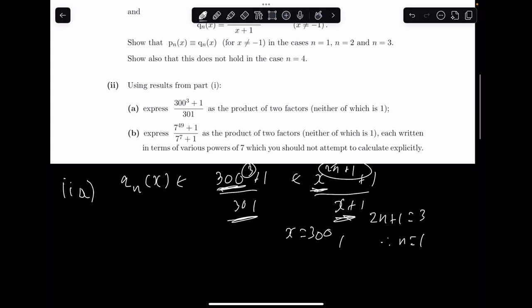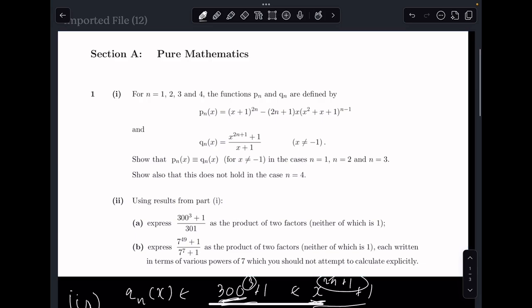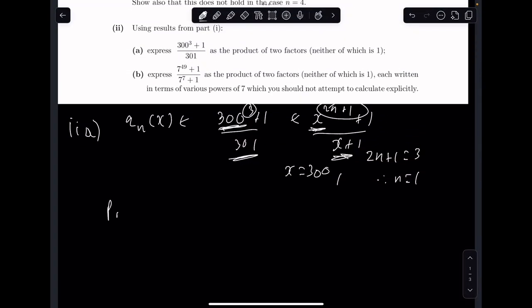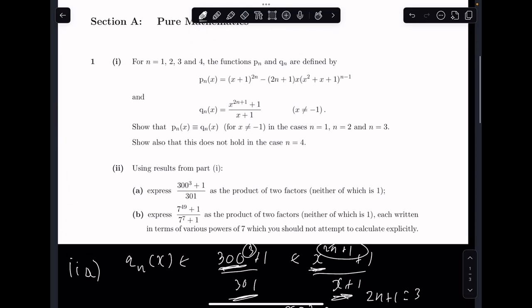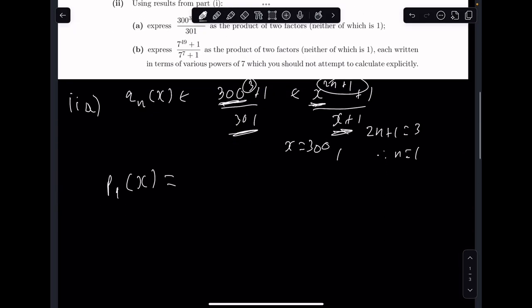And it's saying using results, so let's just use what we have and put it into Pn of x, right? So our n is 1, so P1 of x, and we need this as the product of two factors. So let's just see what we get when we put it in. Well, our x is actually 300, so let's just do that.